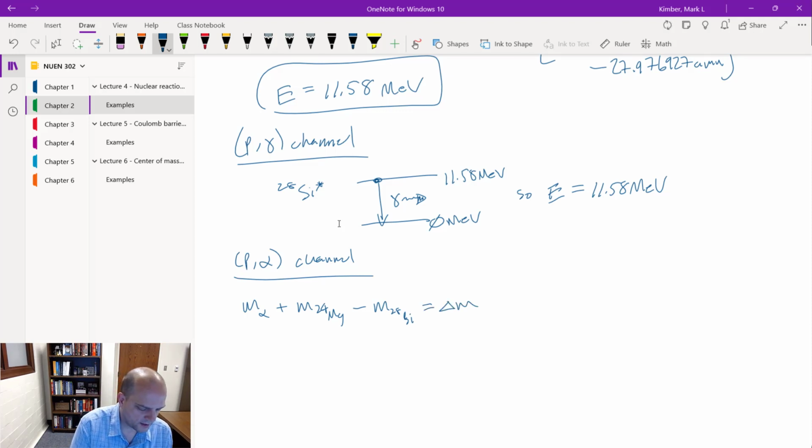So this will be my change in mass in this case. And this is going to be analogous to, if you go back to last lecture, the separation energy. So I'm asking myself, I have silicon-28, and what kind of energy do I have to supply in order to break this up into magnesium-24 and an alpha particle?